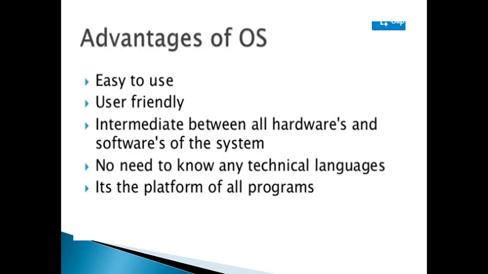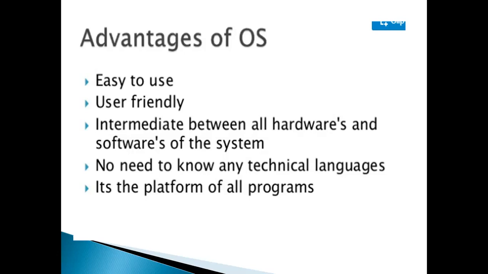Intermediate between all hardware and software of the system. Again, I'm repeating, this is a very important point. If the operating system is not there, it is not possible for us to run any app. It is not possible for us to use any existing hardware.